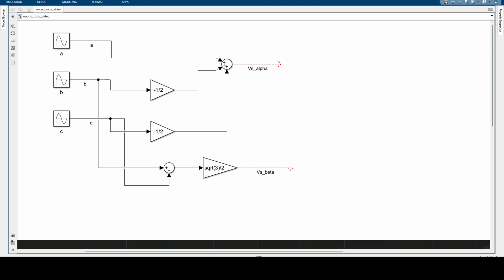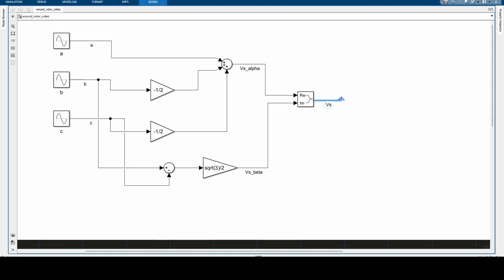Okay, so now to get our actual phasor is gonna be this one plus j this one. So we are gonna get here a real to imaginary complex. The real part is alpha and our imaginary part is beta.